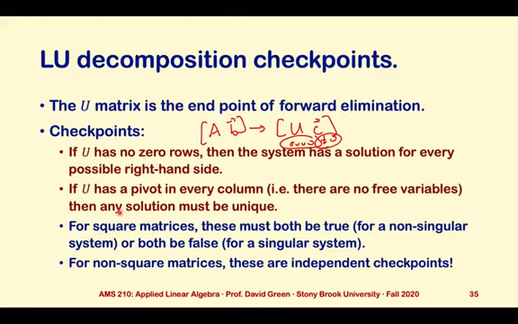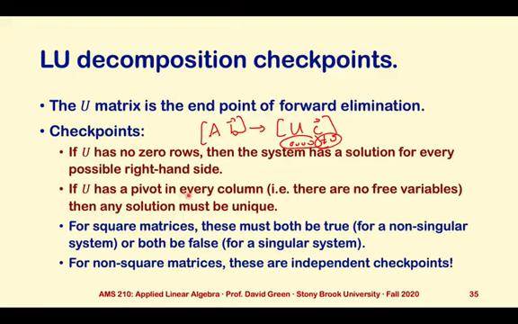Also for square matrices, if there are no zero rows, there must be a pivot in every column, or vice versa, to characterize this. For non-square matrices, however, these really are independent checkpoints. Are there zero rows? If there are not, we have a solution for every right-hand side. If there are, there will be some right-hand sides with no solution.